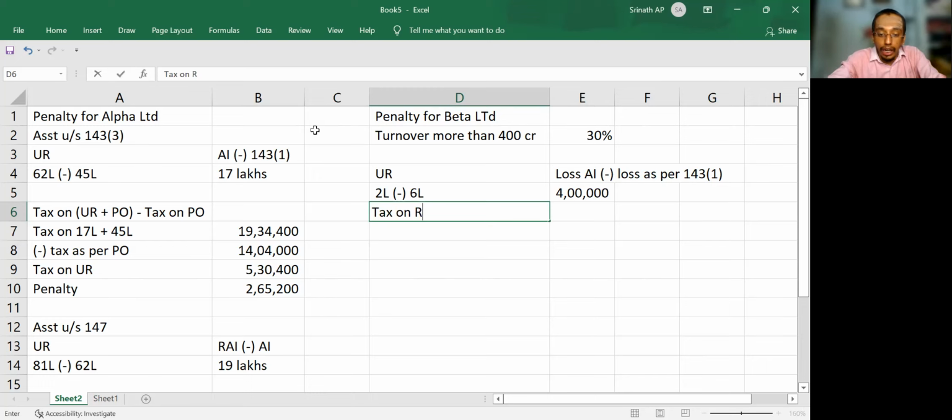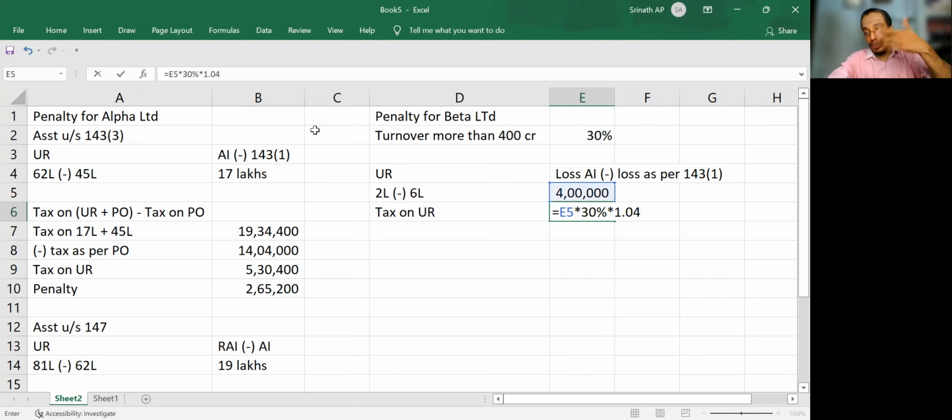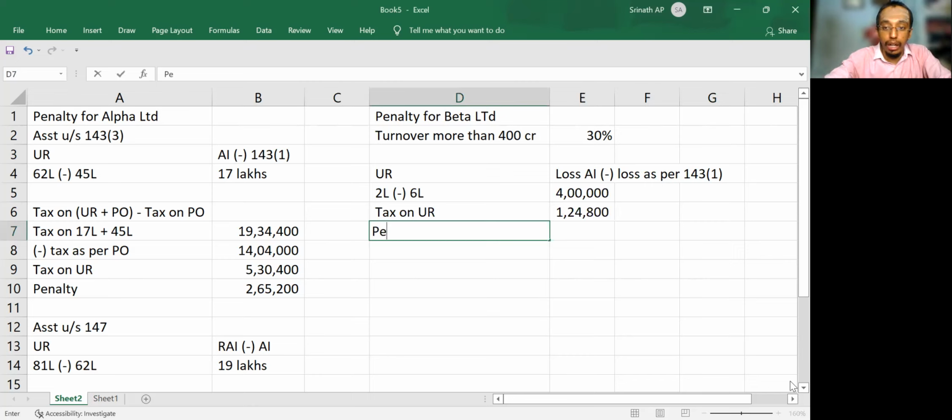Tax on underreporting of income is 4 lakhs into 30 percent into 1.04. Straight, you will not go ahead and take up the previous order. It will be tax on underreporting of income. Find out the tax, multiplied by 30 percent into 1.04.